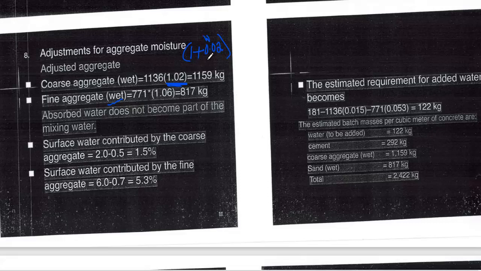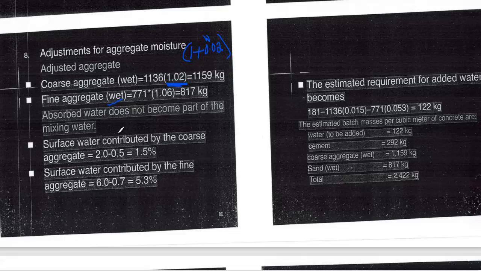Now, absorbed water does not become part of the mixing water. Here they do not consider the absorption rate, but if the material's absorption rate is also given and the material is not fully SSD, then you need to also consider the absorption rate.